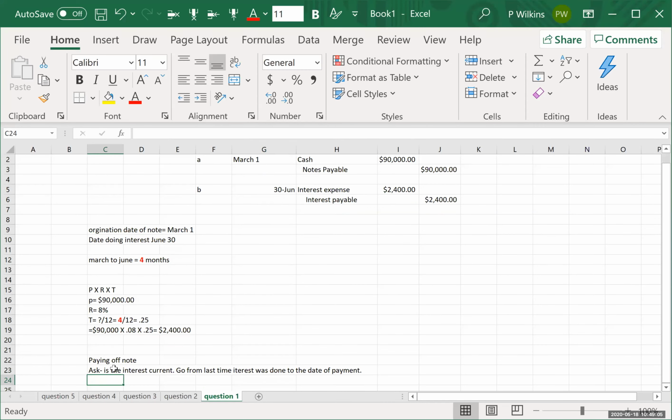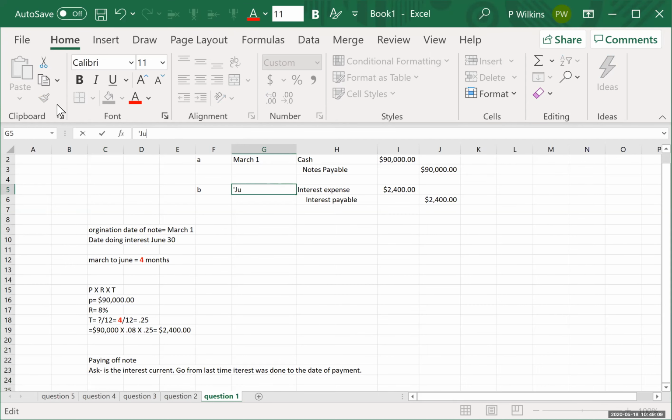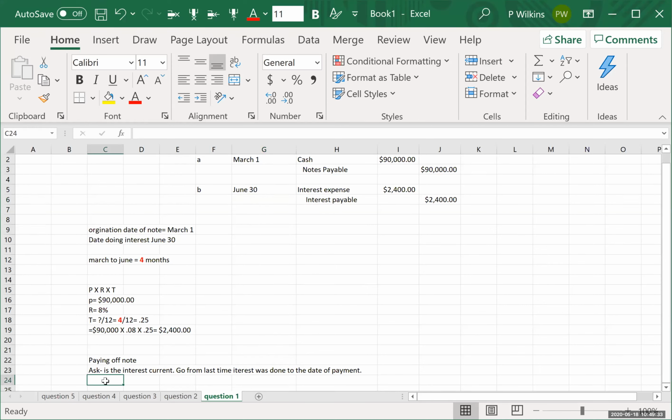If we look at this problem, the last time interest was done was June 30th. We are paying off the loan at maturity. And how do we know what maturity is? Well, if they did the note on March 1st, maturity is going to be all of March, April, May, June, July, August. So they're going to pay the note on September 1.